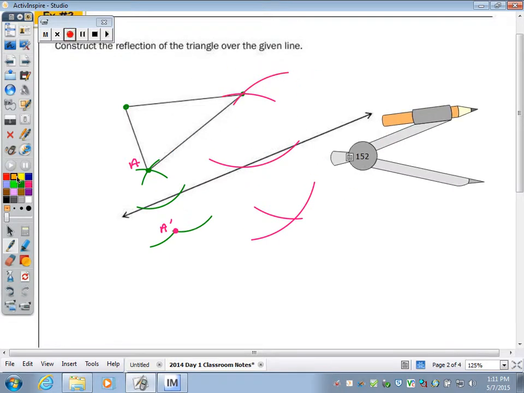And here, again, if this was B, this would be B prime. So I'm going to go ahead and do the last one.